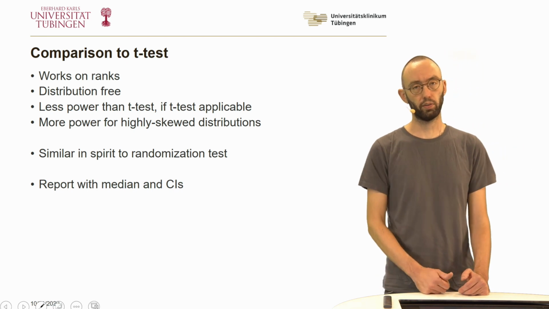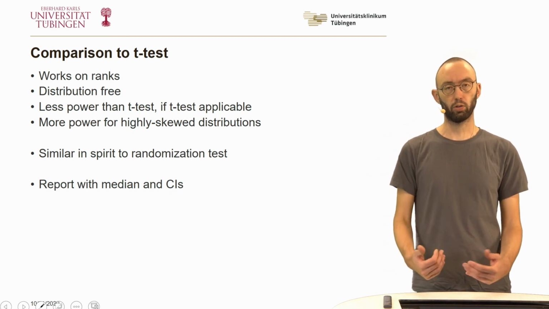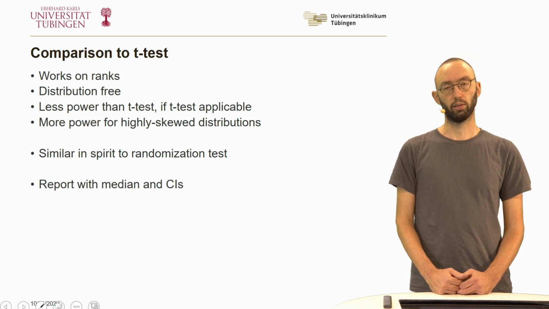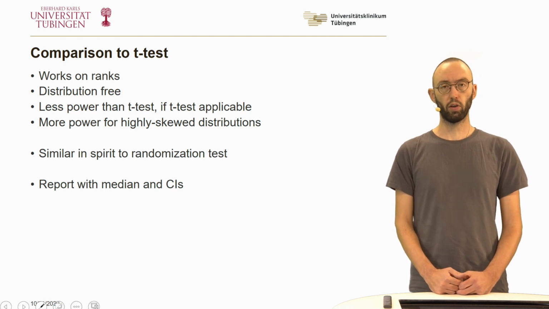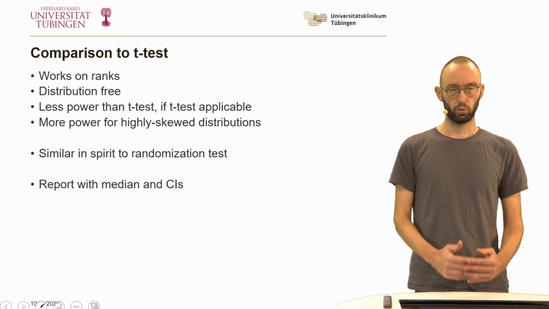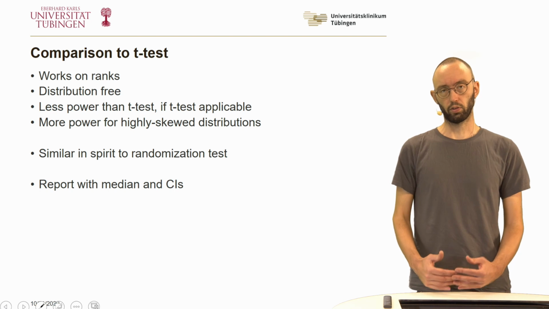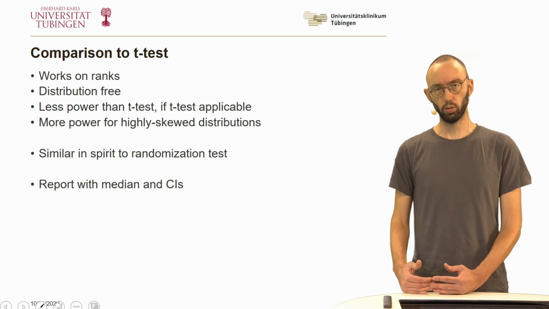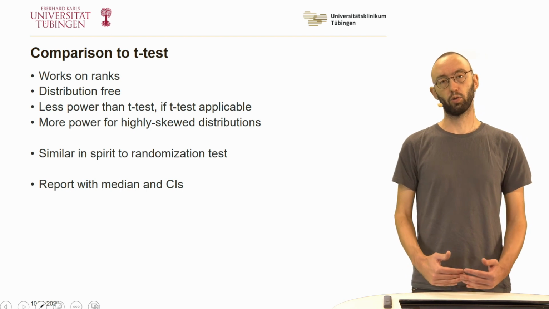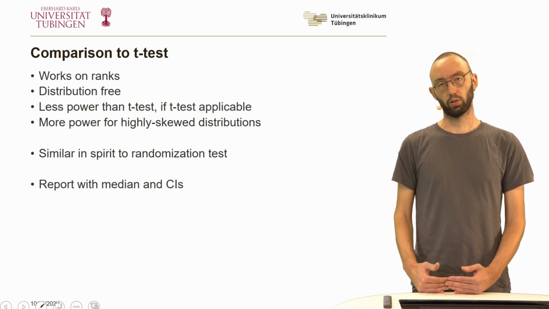So how does this test compare to a t-test? Why do we not always use the Wilcoxon-Mann Whitney test if it makes less assumptions and tests the exact same scenario? So the Wilcoxon-Mann Whitney test does the trick of not having to assume a normal distribution by working on the ranks. The ranks are the relative orders of all the data points.